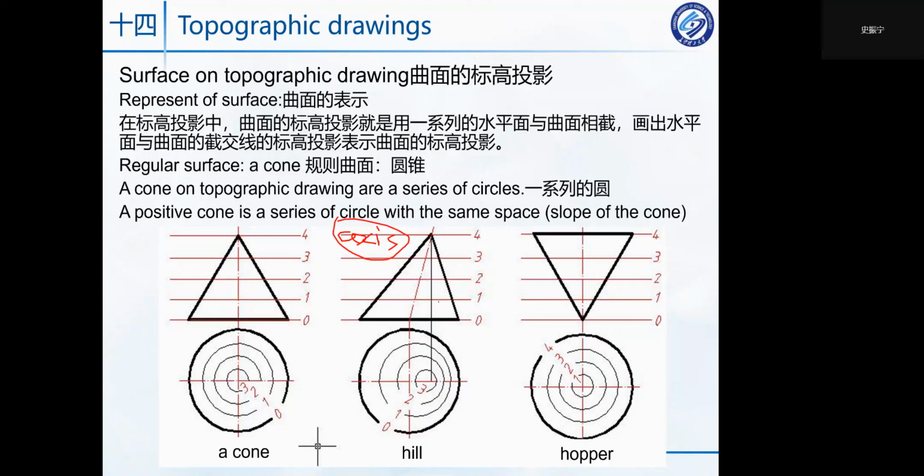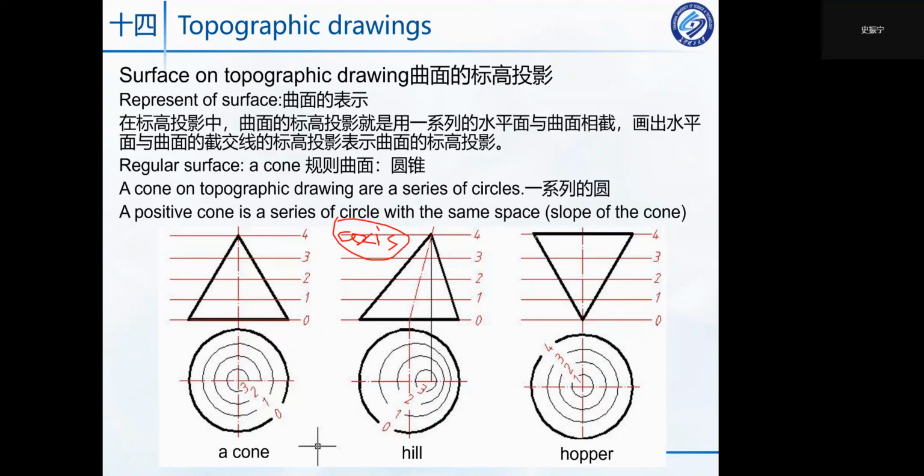But at the same time, they are still composed of a series of circles, but they don't have the same center. So this is an irregular curve, an irregular cone.